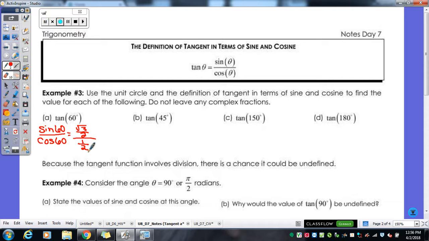How do we clean up our fractions? Keep, change, flip. So radical 3 over 2 times 2 over 1. I change it to division and flip my second fraction. What happens with our 2's? They cancel. So we're left with radical 3 over 1, which is just radical 3. The tangent of 60 is radical 3.